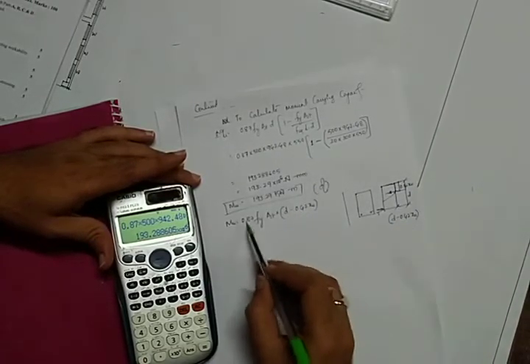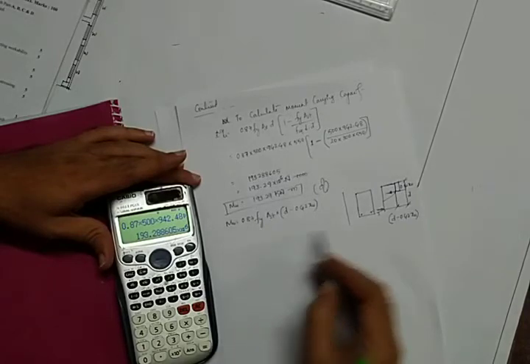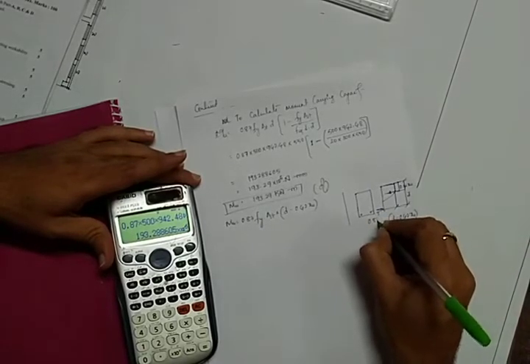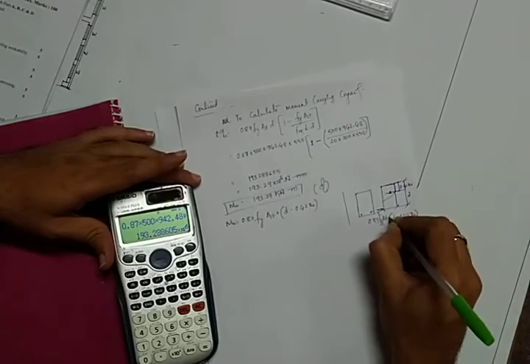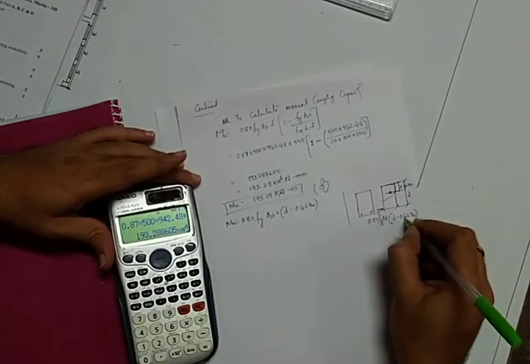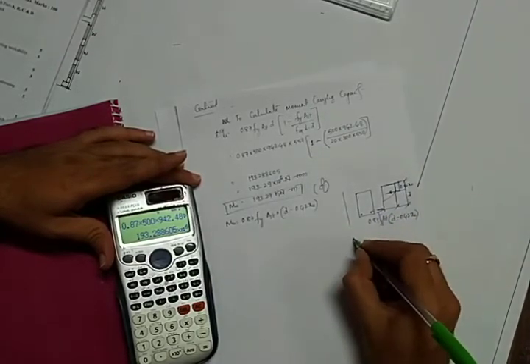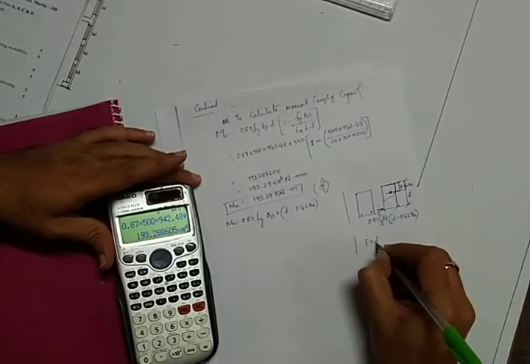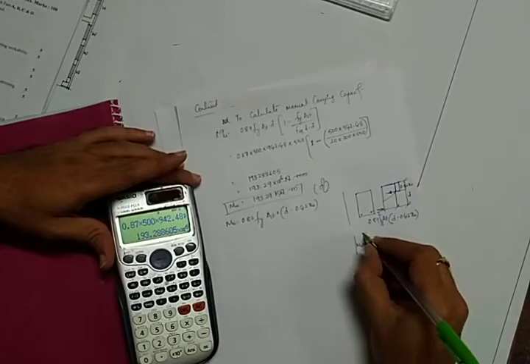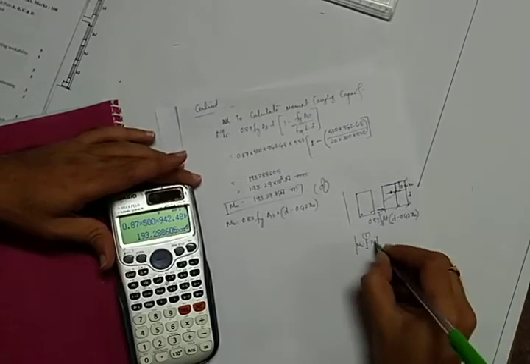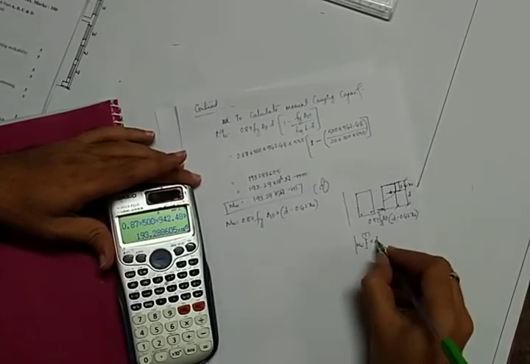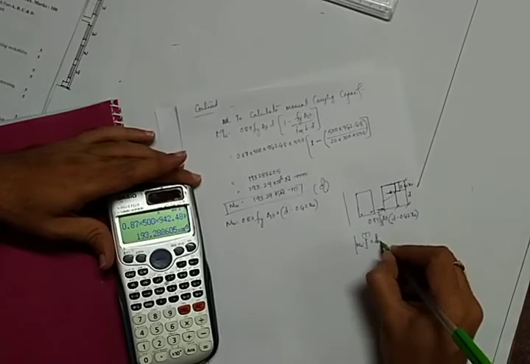So totally, this will be called the force, that is the tensile force acting, 0.87 Fy AST. This is the force and this is the distance. Moment is nothing but force into distance. So this can be written like this. This is the tensile force, capital T, into the lever arm, Z. Don't confuse again.